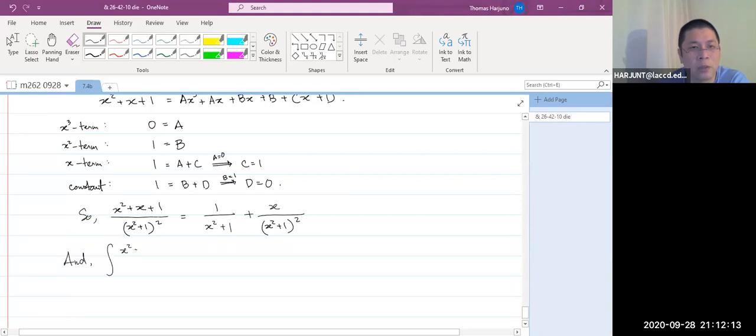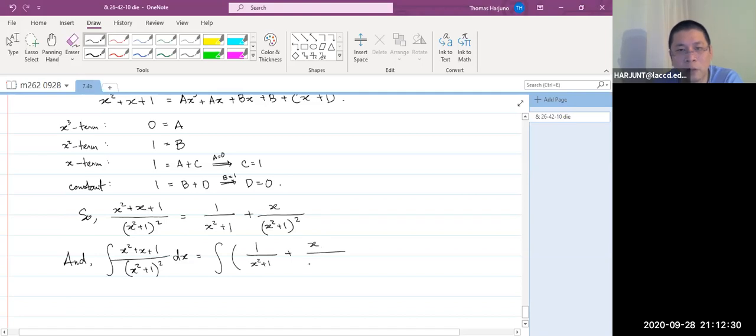So the integral of x squared plus x plus 1 over x squared plus 1 squared dx is the integral of 1 over x squared plus 1 plus x over x squared plus 1, being squared, dx.